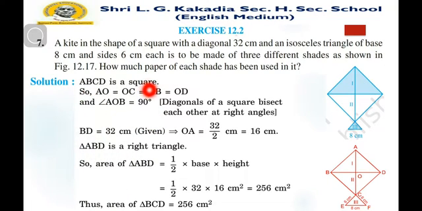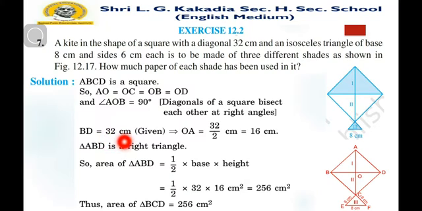ABCD is a square, so OA is equal to OB is equal to OC is equal to OD. Why? Because the diagonals of a square bisect each other at 90 degrees. From the figure, angle AOB is 90 degrees.